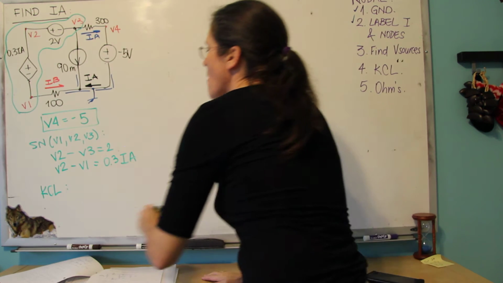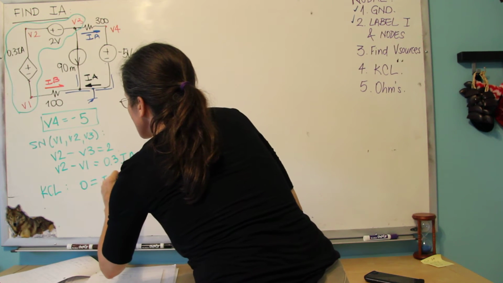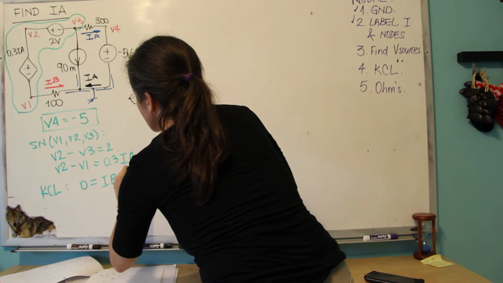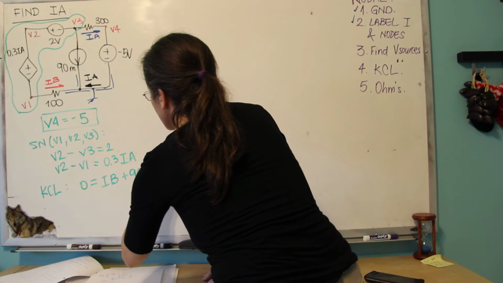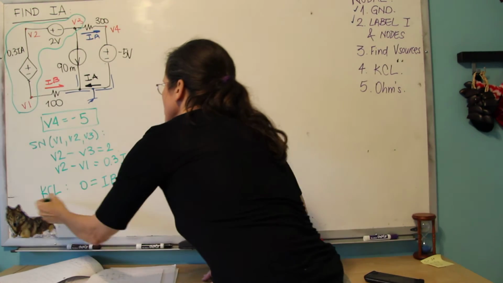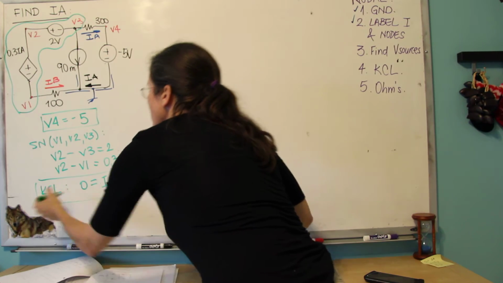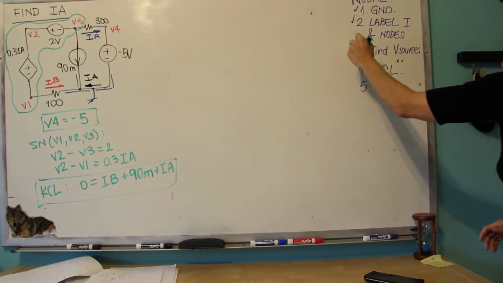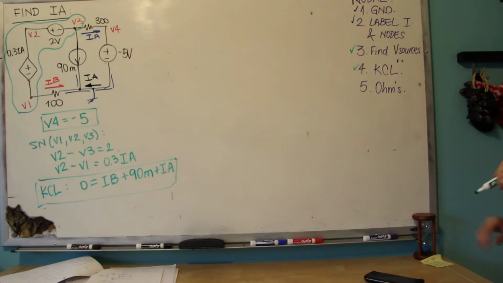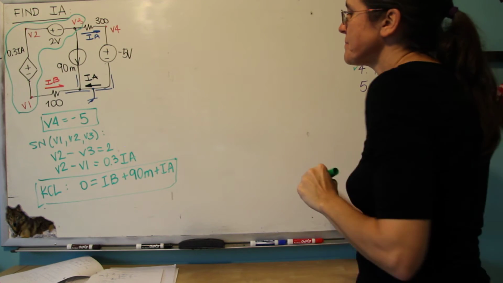So nothing's coming into the supernode. IB plus 90 milli plus IA. This is the KCL I'm expecting. And this is step 4 in my how-to for nodal analysis.